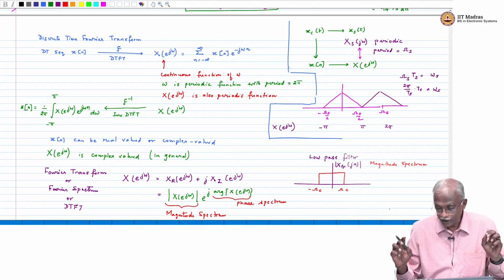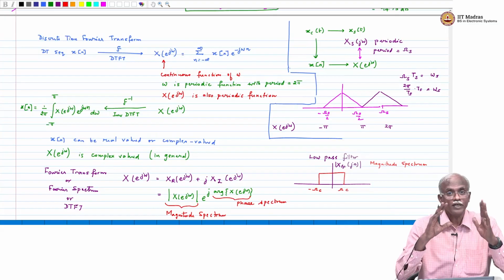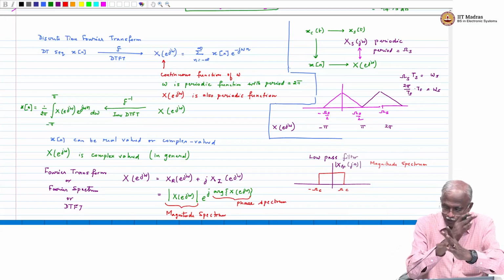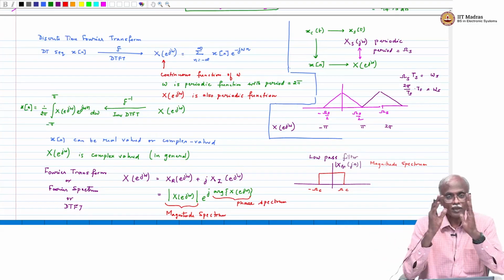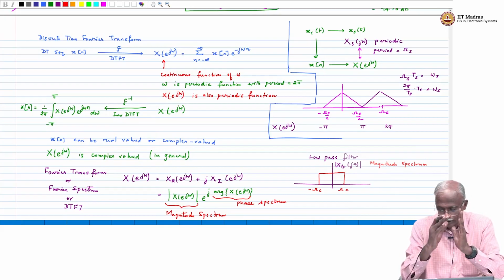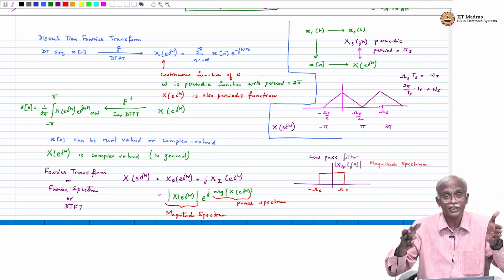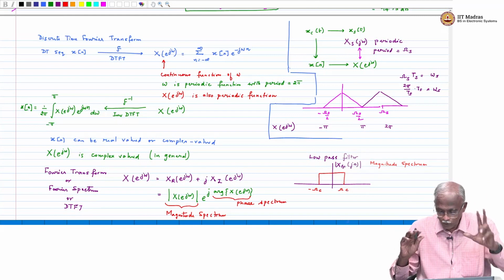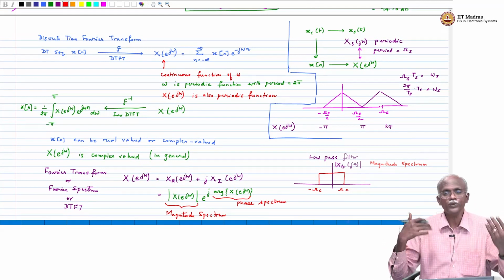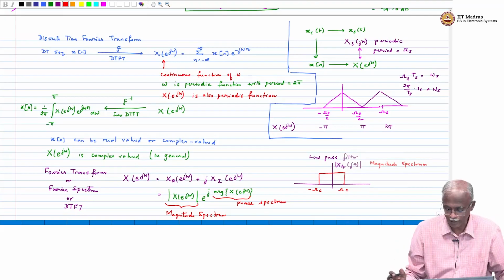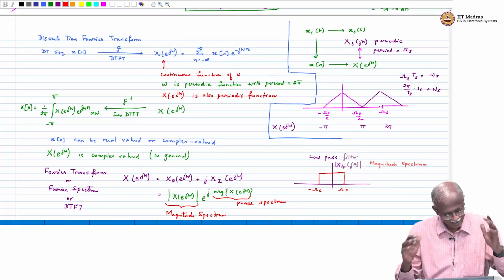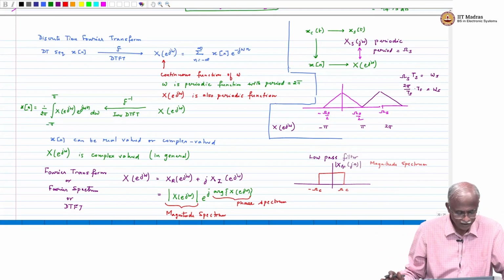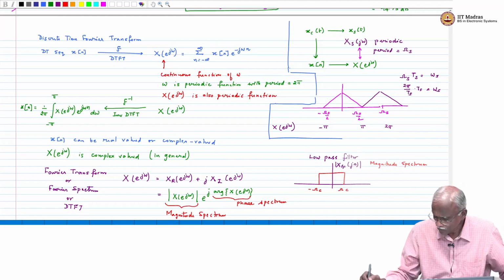Typically, when you want to specify a filter, we will specify both magnitude and phase, but predominantly for the filtering operation what is of most significant importance is the magnitude spectrum. So, we have already started to use the concept of a magnitude spectrum without explicitly calling it that, but we will now develop it.